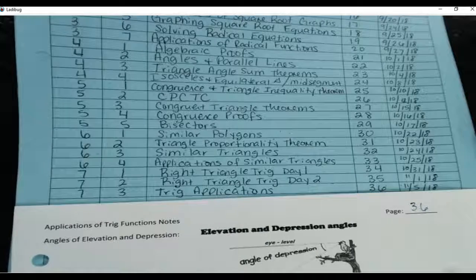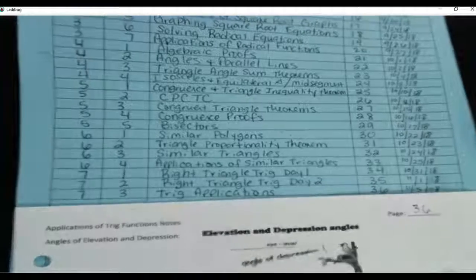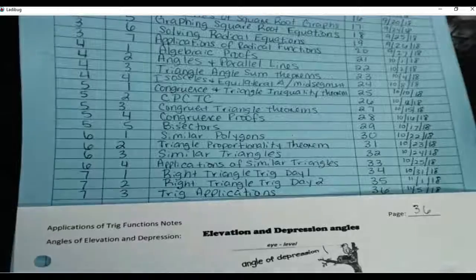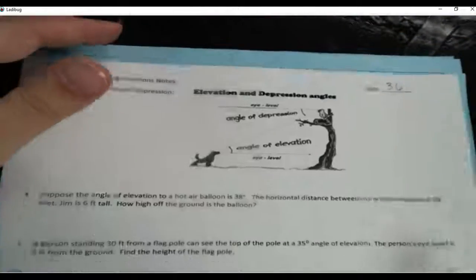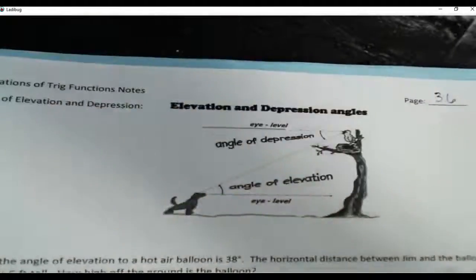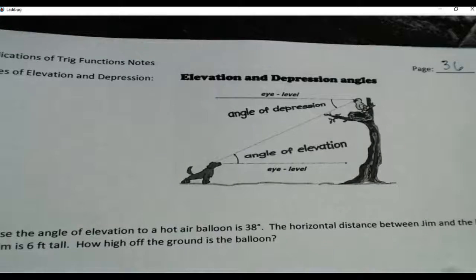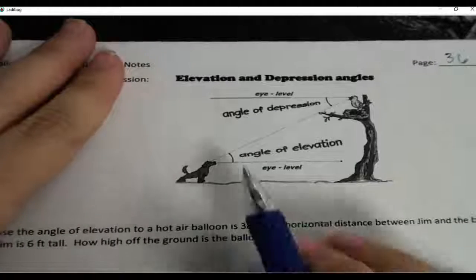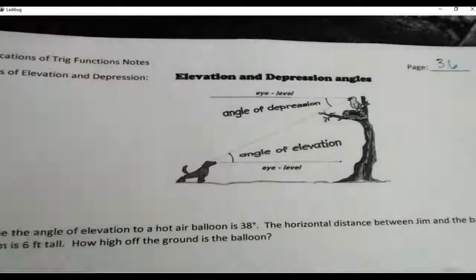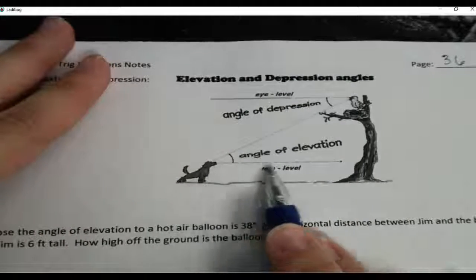So, some of the problems have angle of elevation and angle of depression. That's what our first little diagram here is. When you're drawing these triangles, you always want to draw them from the eye level of whatever you're talking about. Like this dog: if he's just looking straight, his eye level is straight ahead.